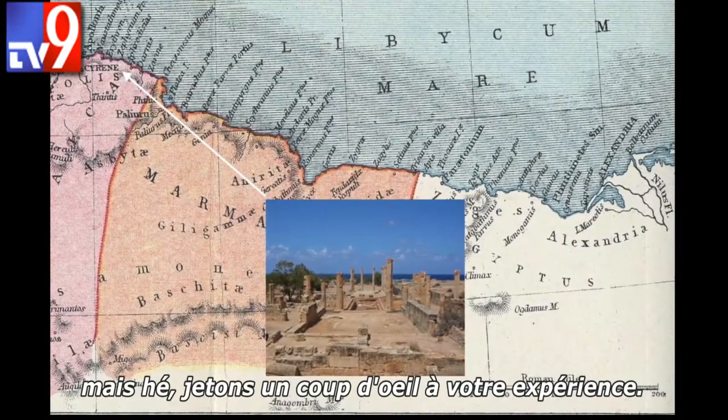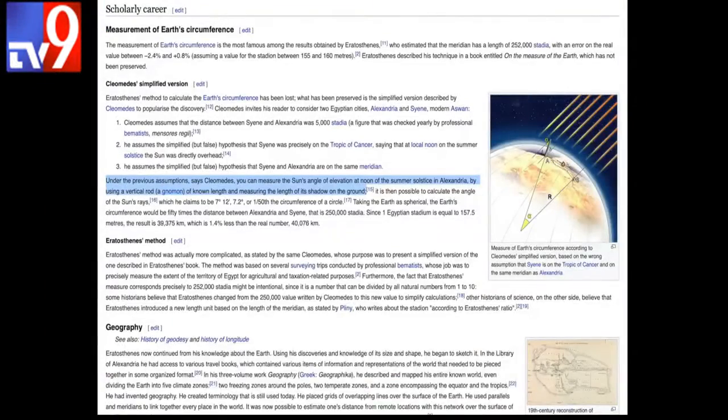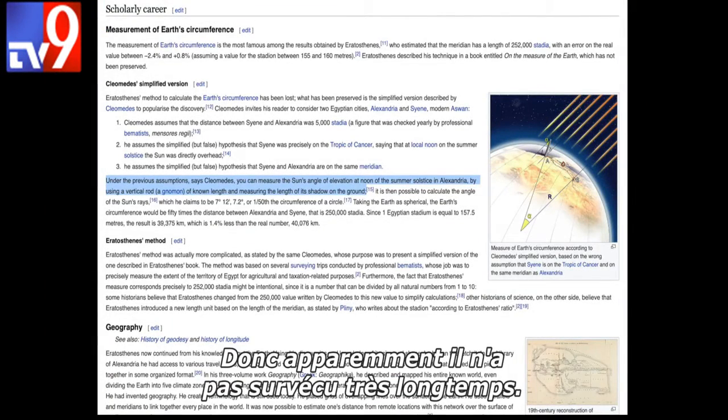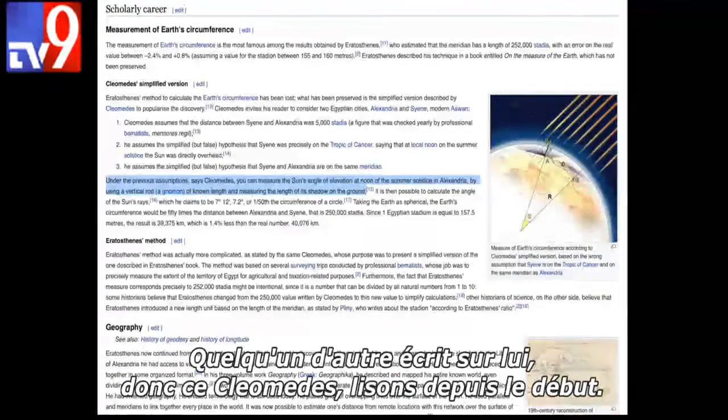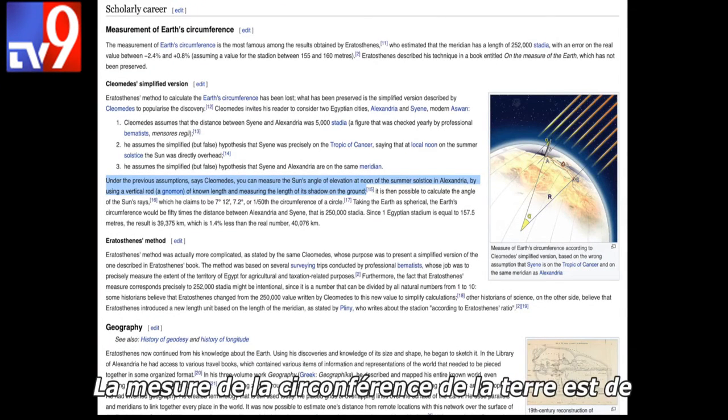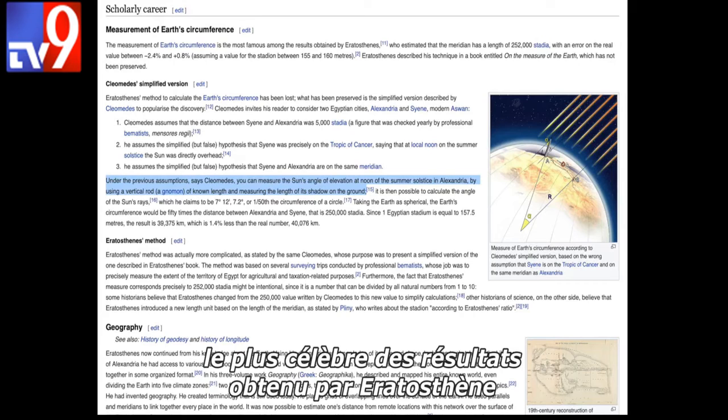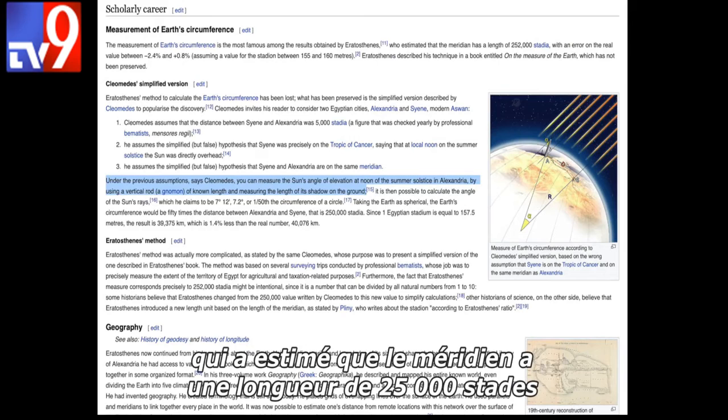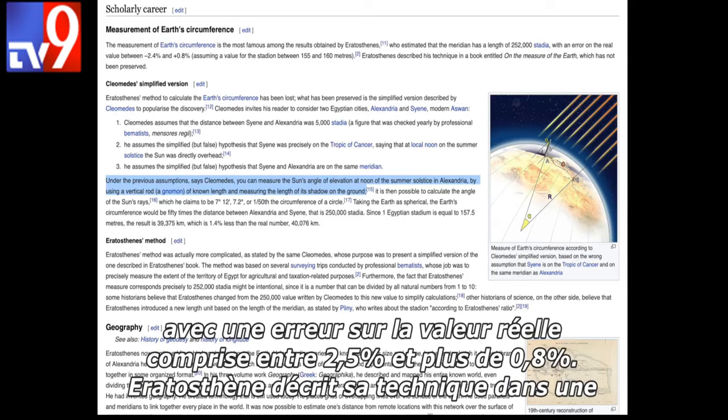But let's look at his experiment. So apparently not much survived. Somebody else writes about him, this Cleomedes. So let's read from the top. The measurement of the Earth's circumference is the most famous among the results obtained by Eratosthenes, who estimated that the meridian has a length of 250,000 stadia, with an error on the real value between minus 2.5% and plus 0.8%.